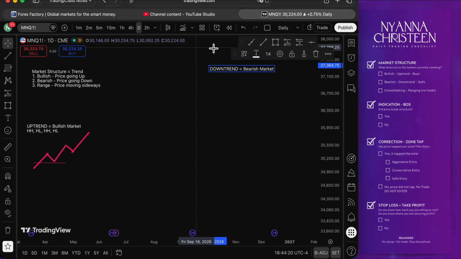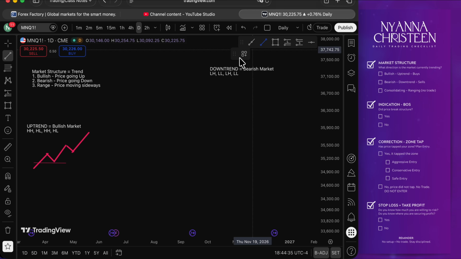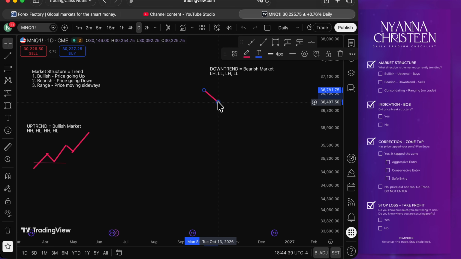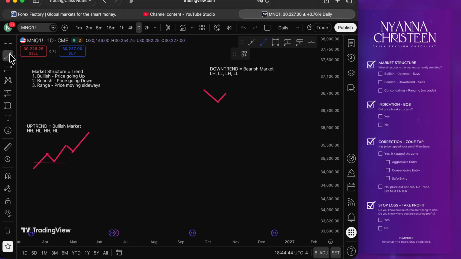A downtrend consists of lower highs and lower lows. So what does that look like? That would look like, we have a high, we have a low, we have a lower high, then we have a lower low, then we have a lower high, and then we have a lower low.